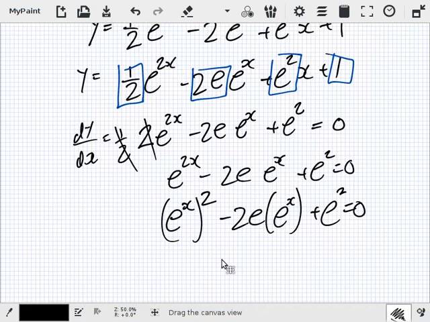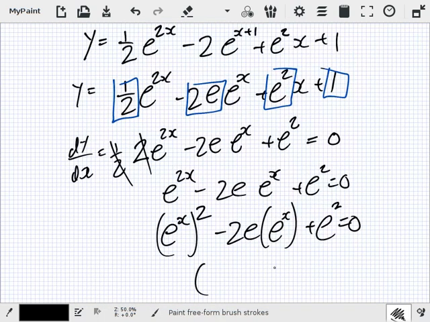So I'll try to factorize it. You have an e^x and an e^x. Now, listen carefully. You're looking for two numbers that multiply to make e^2 and add to make minus 2e. Minus e and minus e. Minus e by minus e is plus e^2.